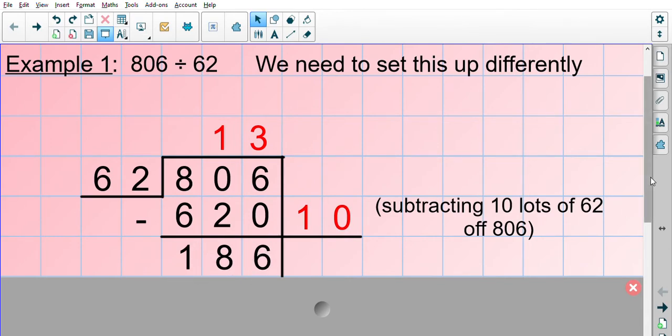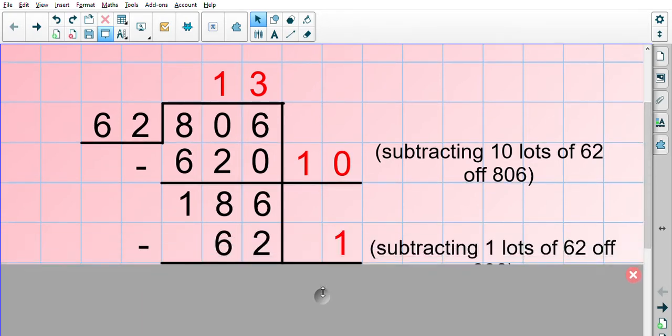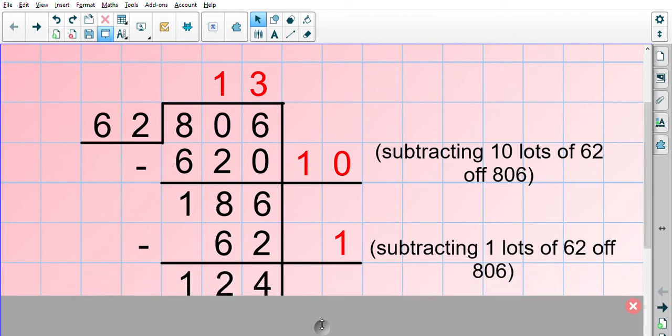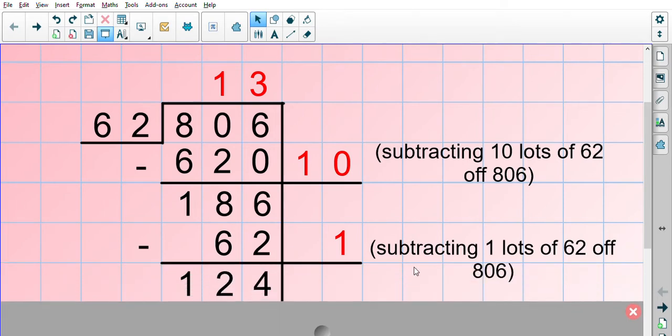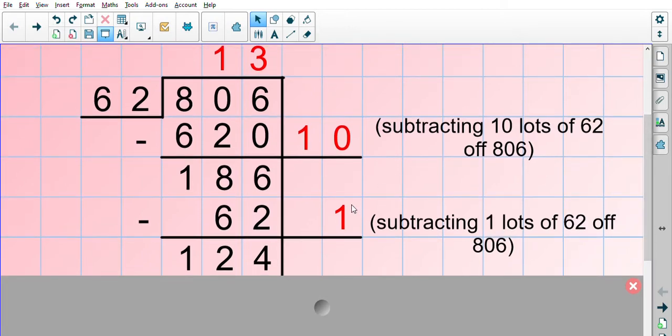I now need to try and work out how many 62s I can remove from here. Initially, you might find it beneficial to just take off one lot of 62 at a time. So if I remove one lot of 62, I'm going to get 124 left. So far I've actually taken 11 lots of 62 off.